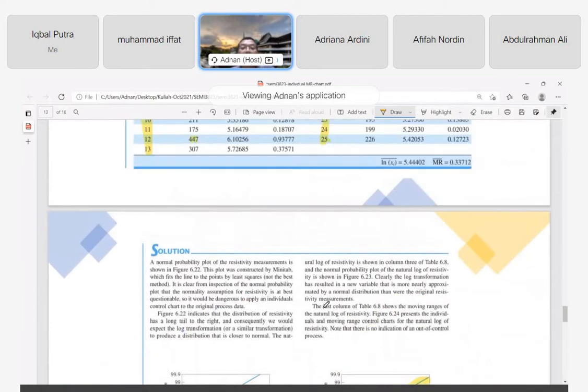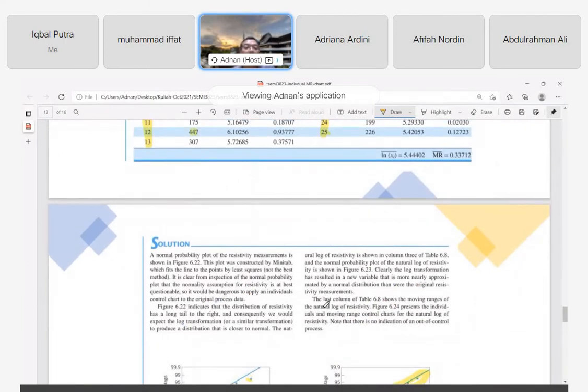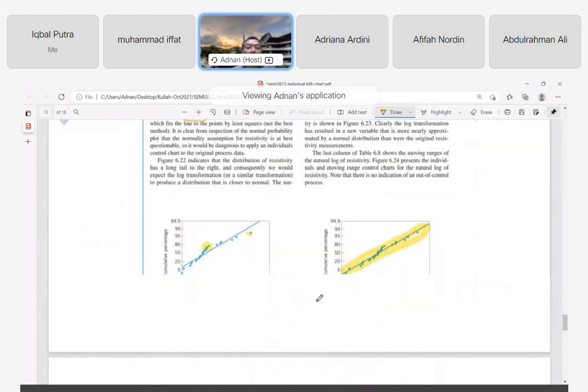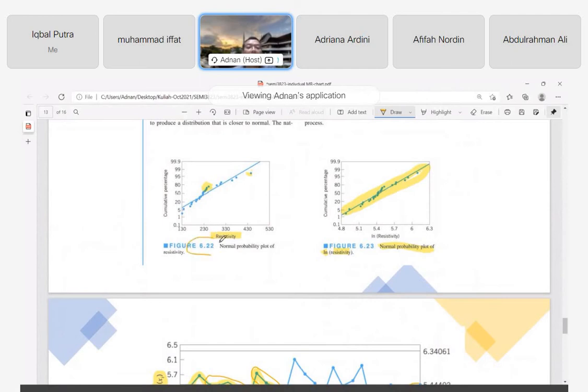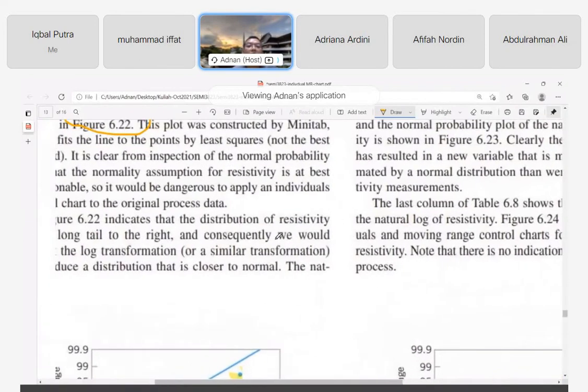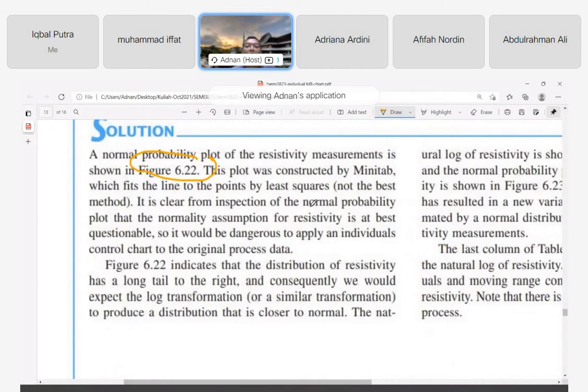So in this slide, it is shown here on figure 6.22, which is this figure, that it is clear from inspection of the normal probability plot that the normality assumption for sensitivity is at best questionable.